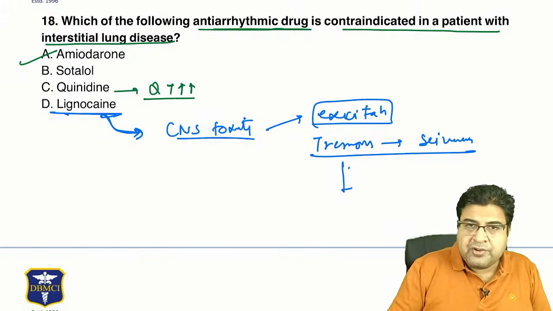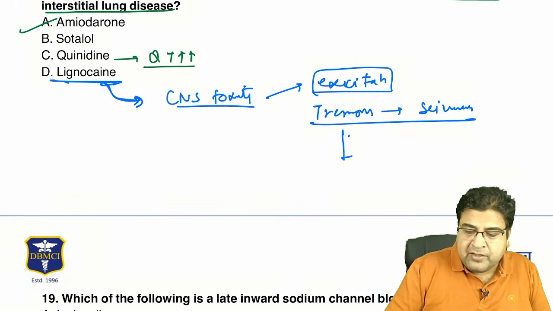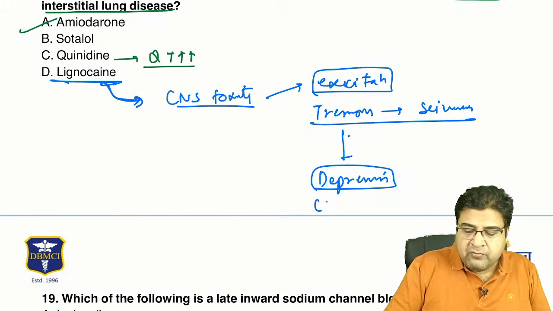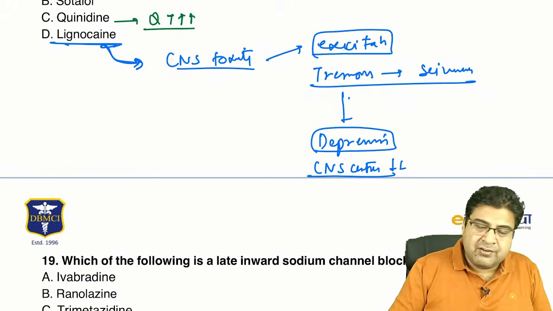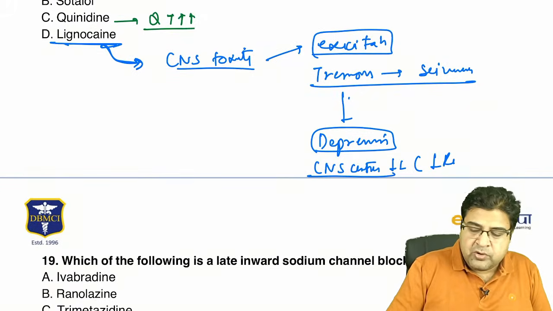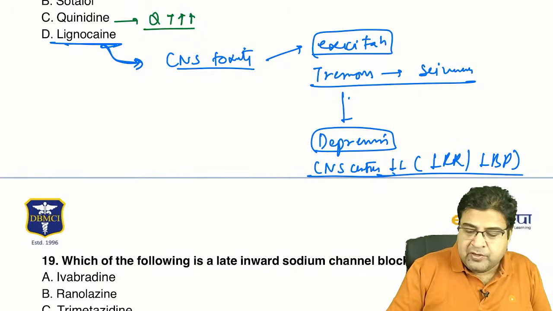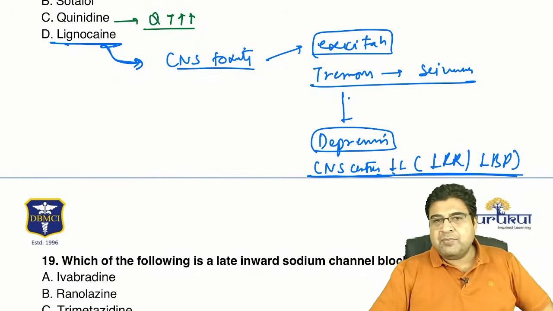And if you do not reduce the medicine, the patient will have CNS depression, where all the CNS centers will go down, and that will lead to collapse of respiration and BP. So the CNS centers will be suppressed.